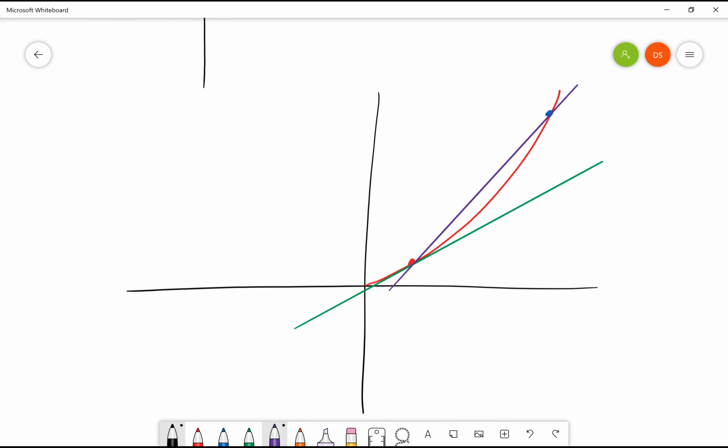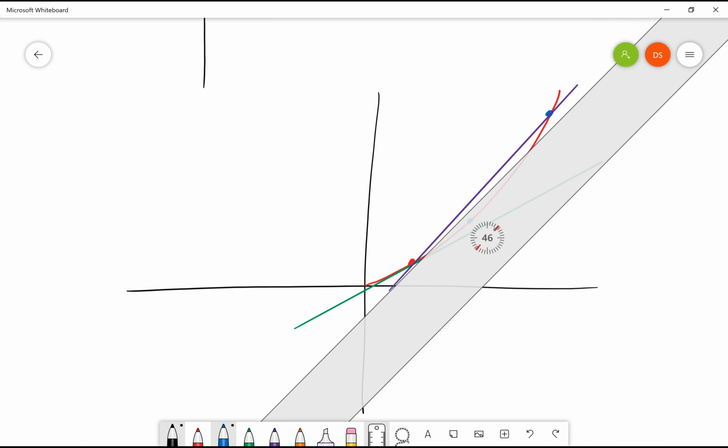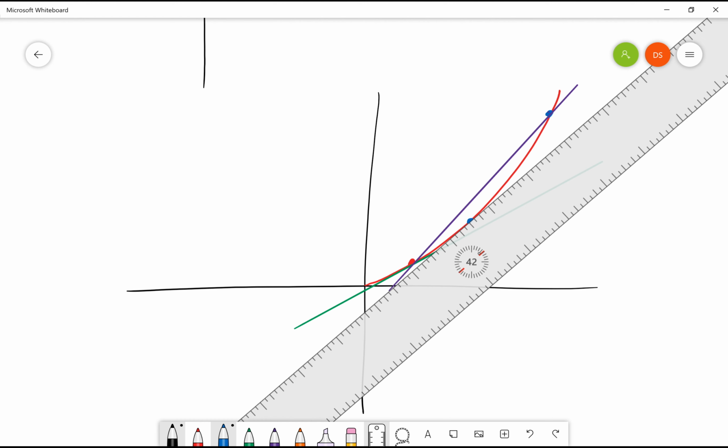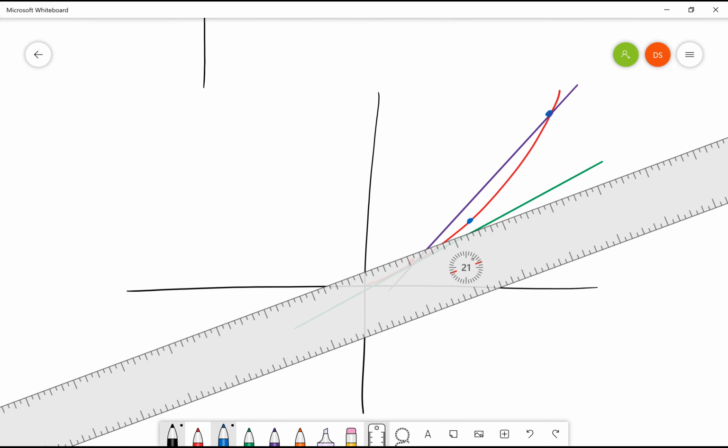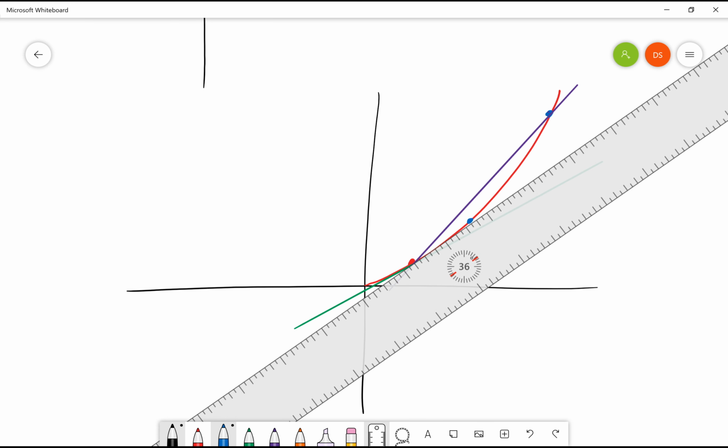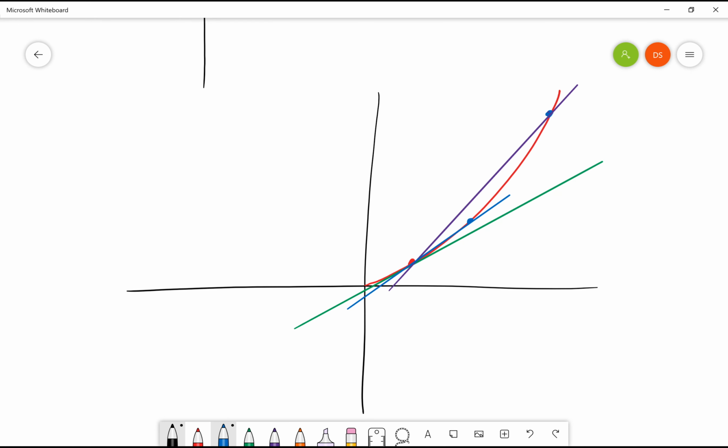But if I move this blue dot closer, the line between the red point and the blue point is closer to the green line. And that's kind of exciting, because look at this new line.